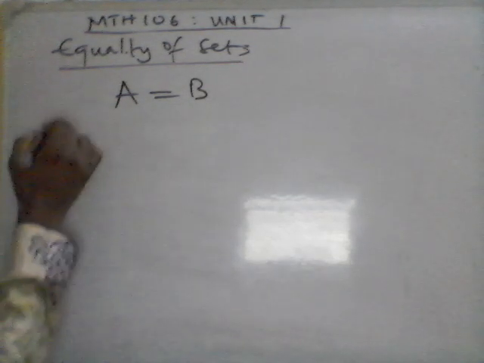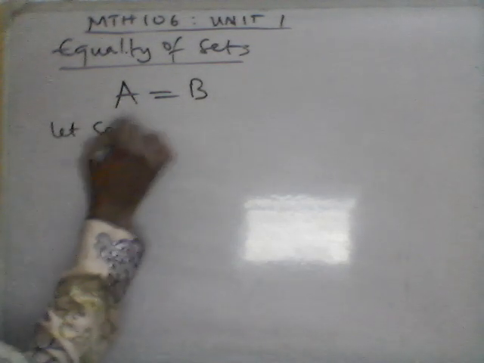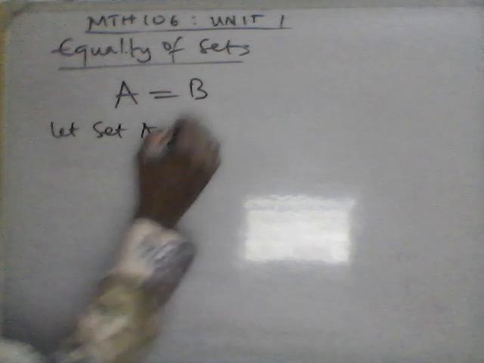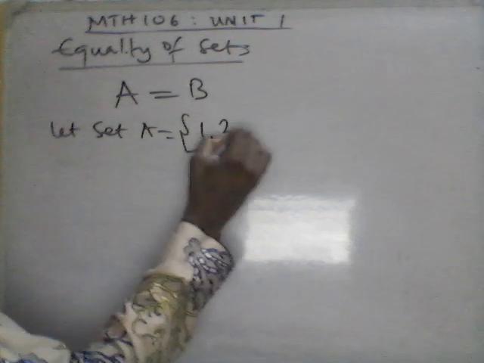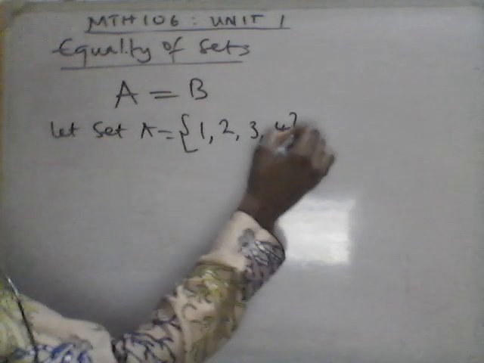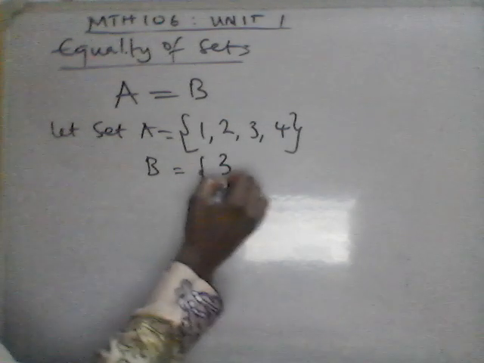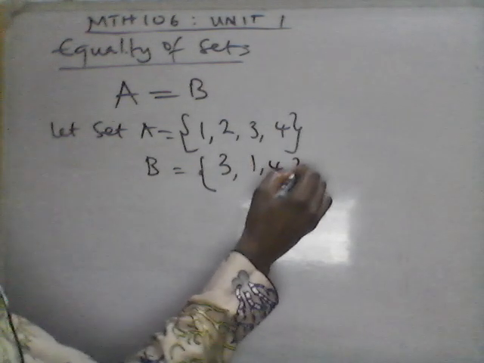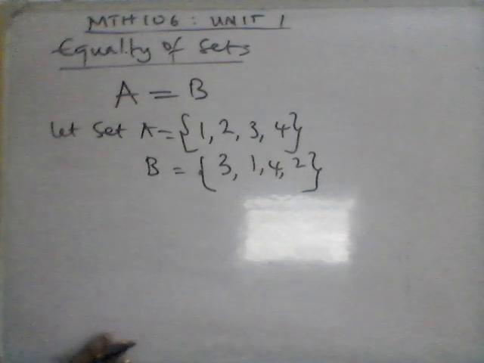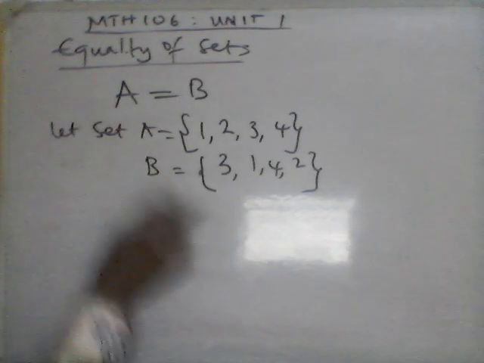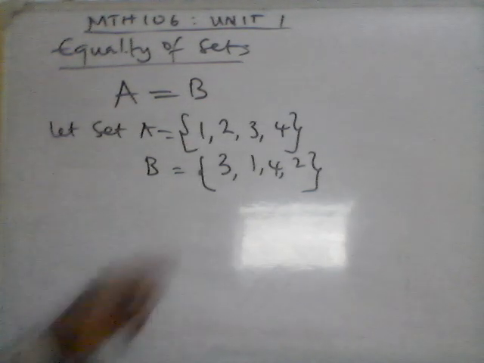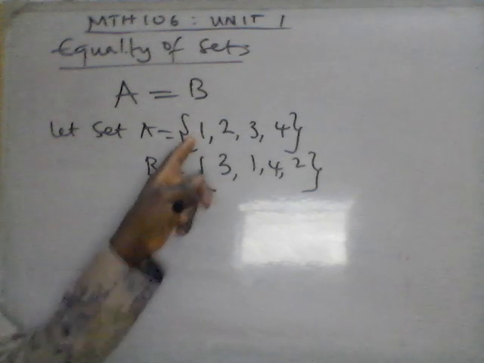For instance, let set A be 1, 2, 3, and 4, and B is equal to 3, 1, 4, and 2. So A is equal to B. Why? Because the elements are the same.